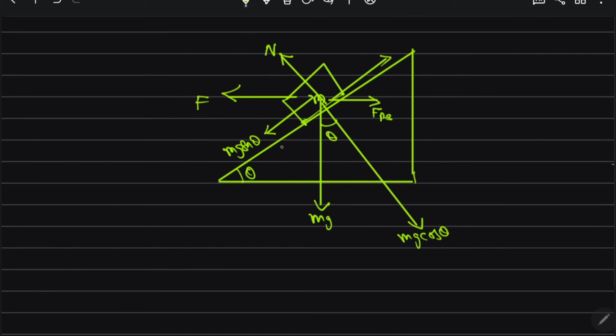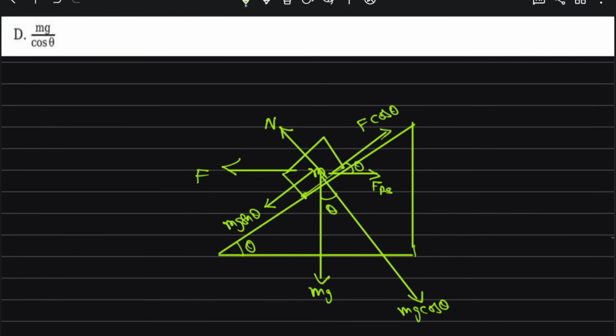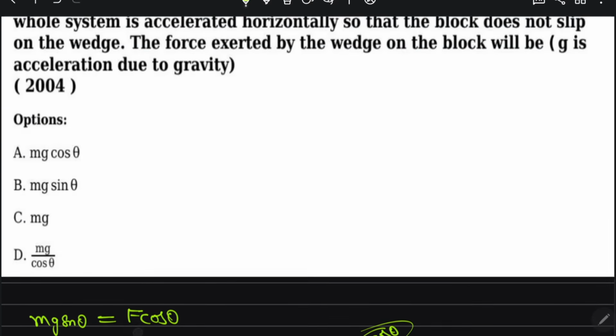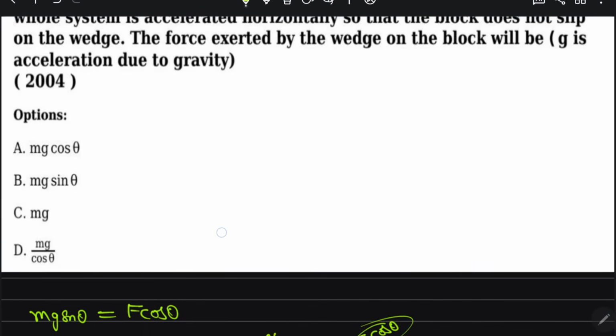So this is theta, and this pseudo force component is F cos theta. These two are balanced, so our block does not move. So mg sin theta is equal to F cos theta, so F comes out to be mg tan theta.